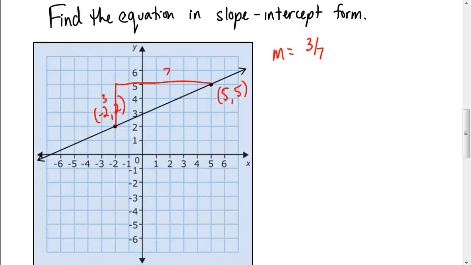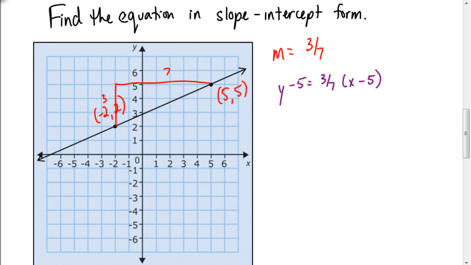Other people don't have a problem with it, so maybe they want to use the smaller numbers like negative 2, 2. But like I said, it doesn't matter. Let's use the coordinate 5, 5. So we'll do y minus the y value, which is 5, so y minus 5 equals our slope of 3/7 times x minus the x value, which just so happened to also be 5.